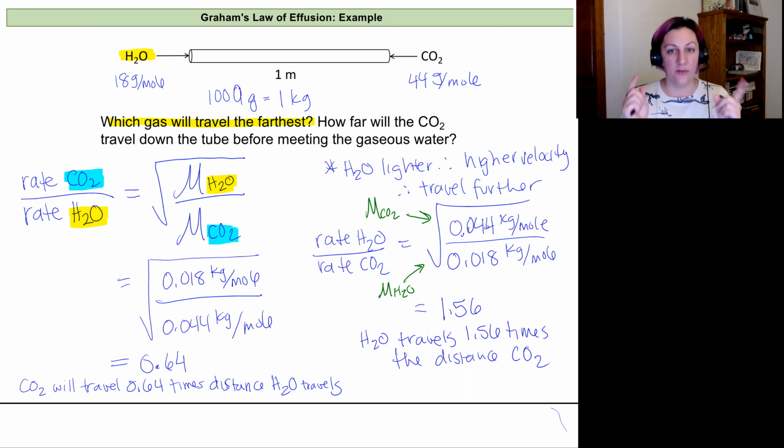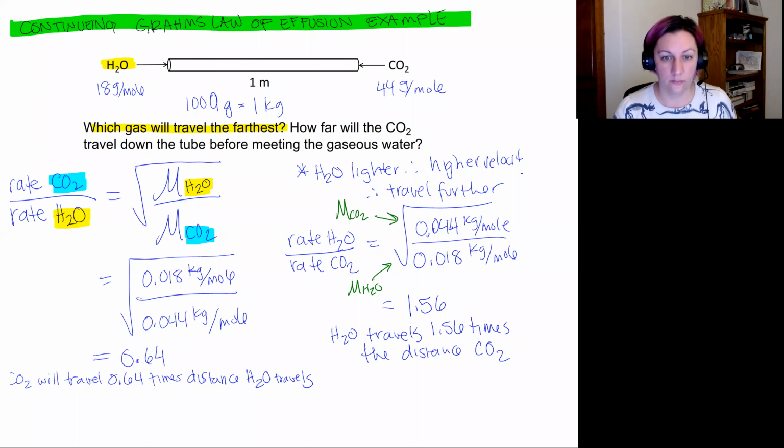So now we can figure out that second piece, which is how far down the tube will the CO2 travel before it actually meets the water? Like at what point do these actually meet?